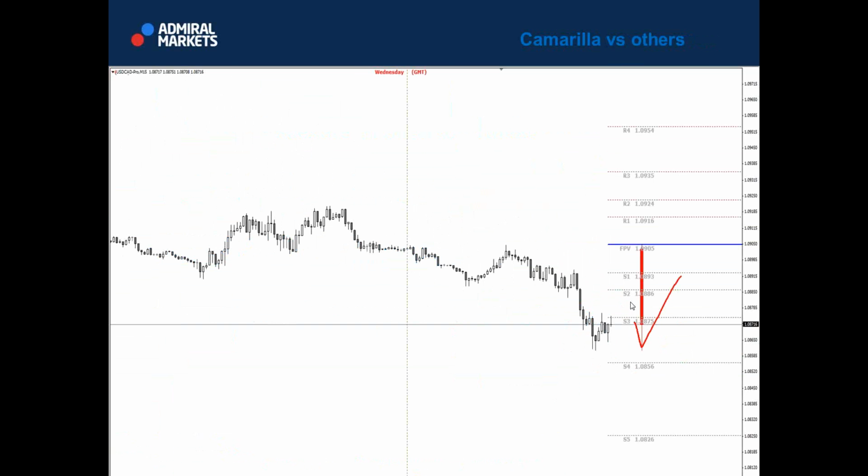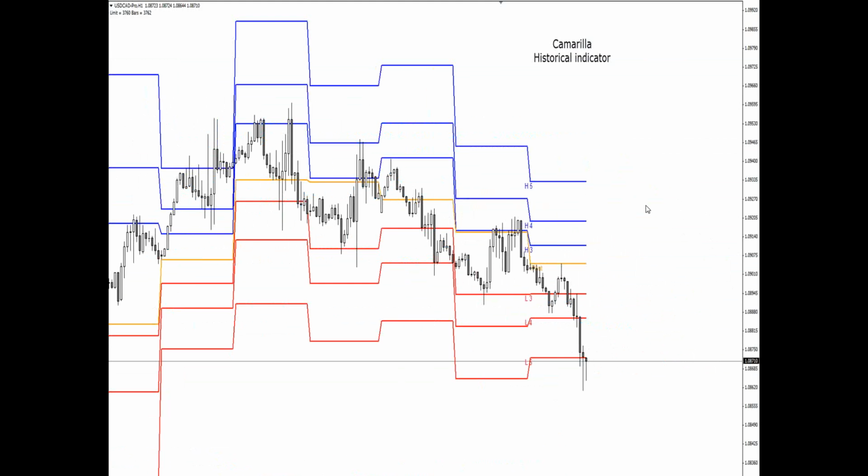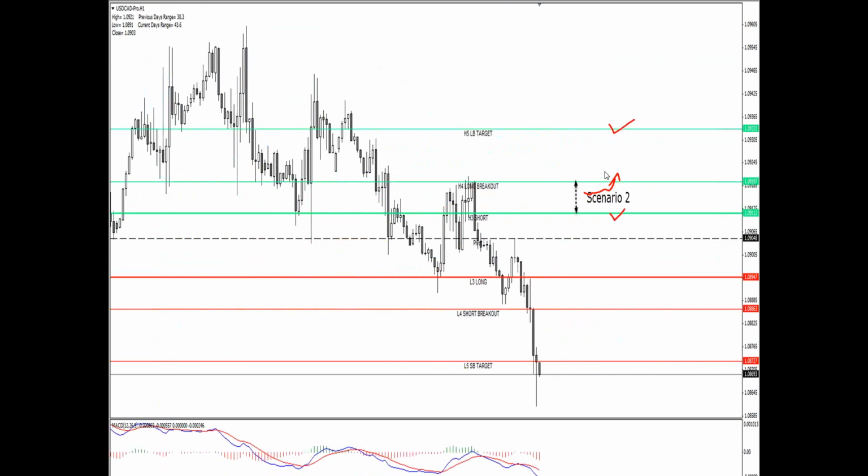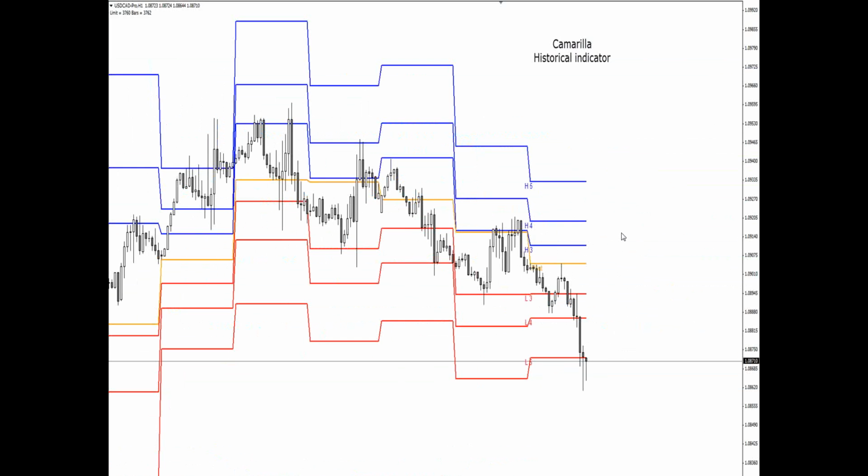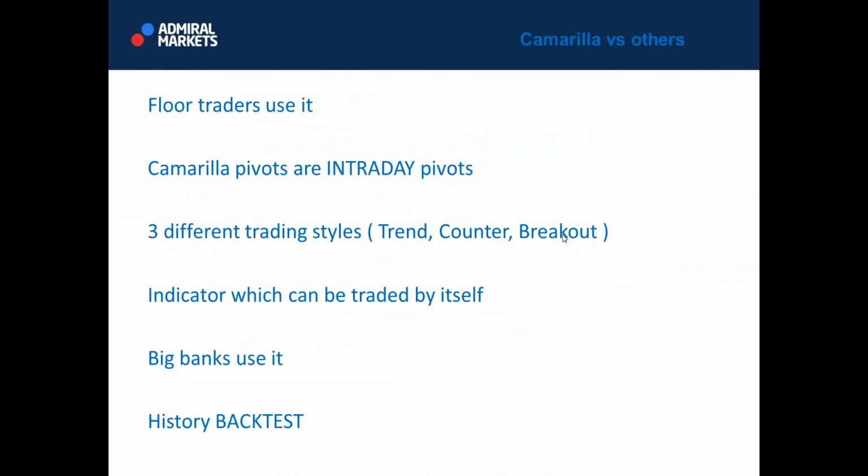So you cannot know that using this. But applying common sense and 4 strategies how to trade Camarilla naked, you can basically try any of those strategies which I was showing you.